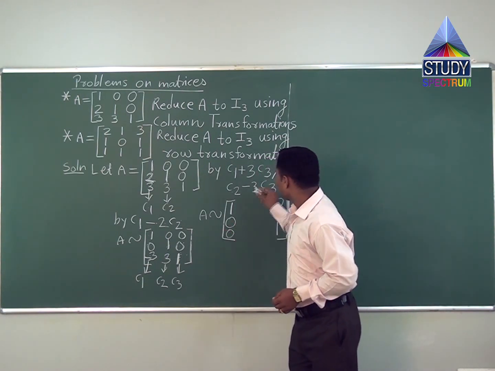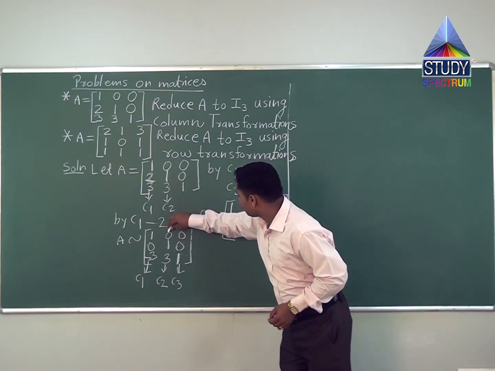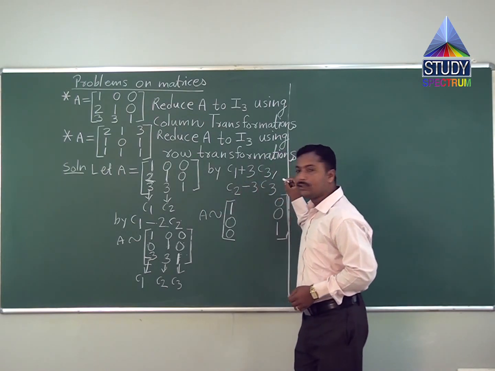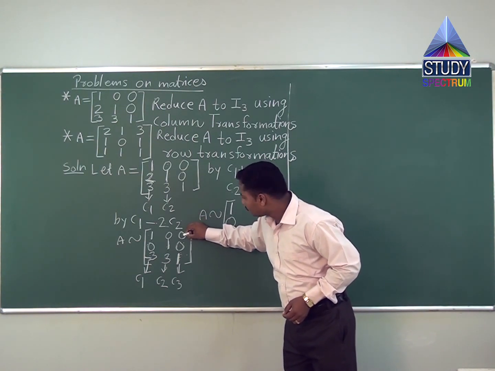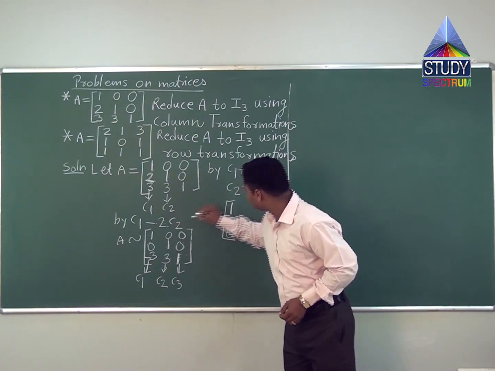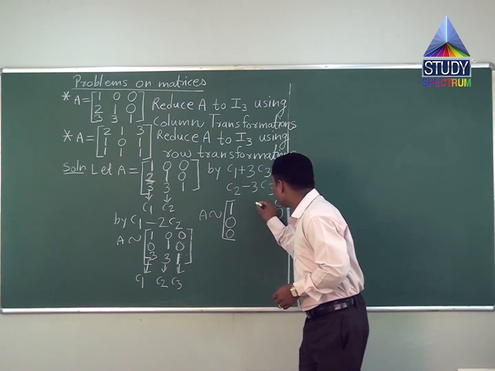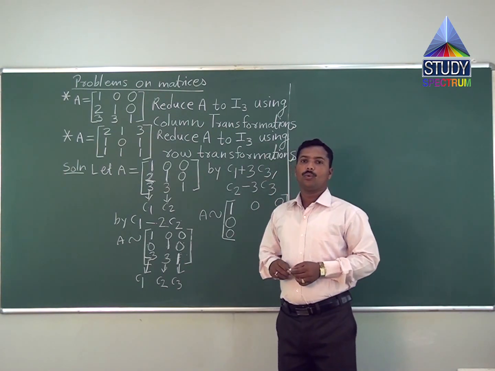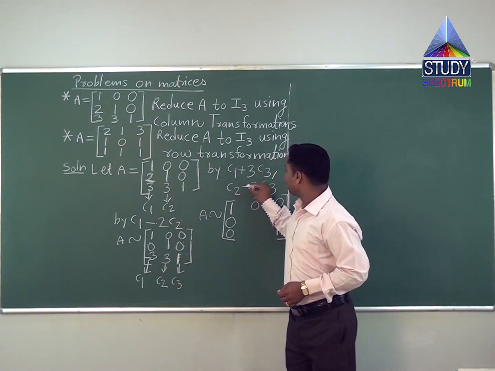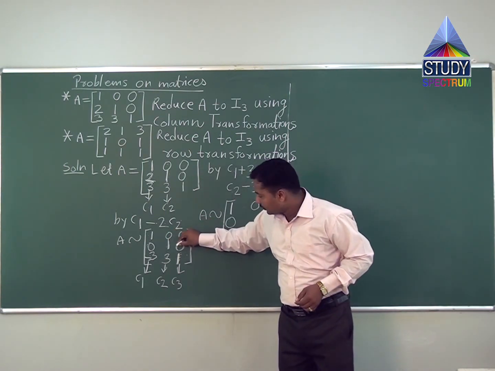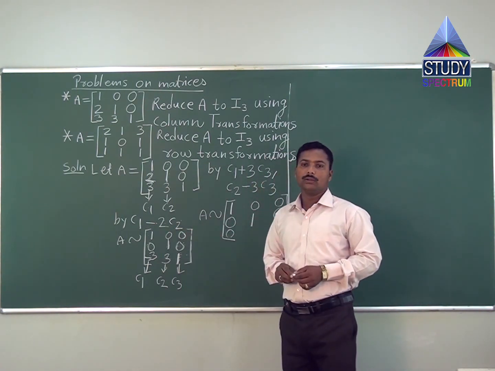Again C2 minus 3 C3: 0 minus 3 into 0, 0 minus 0, again 0. Similarly 1 minus 3 into 0, 1 minus 0, again 1.